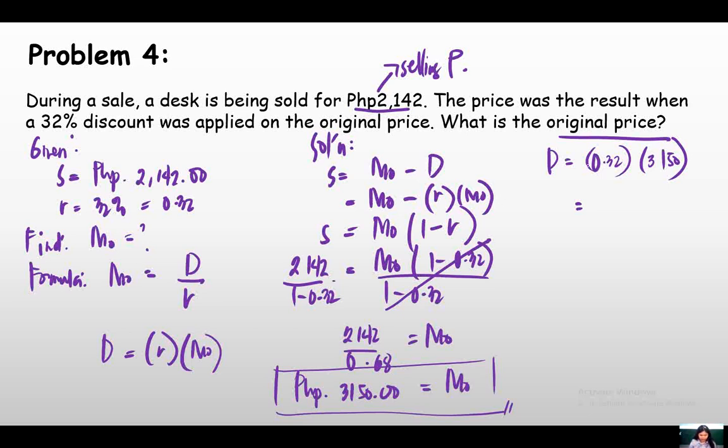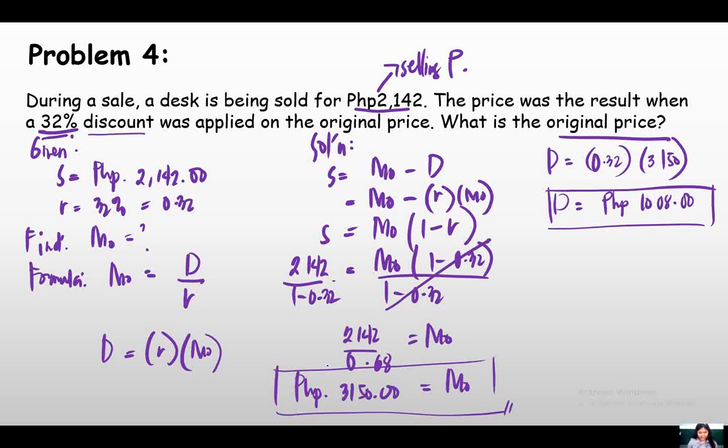If ever you are going to get the discount, just get the product of 0.32 times 3,150. So we have 1,008 pesos. So, ayun yung discount na nakuha niya nung in-apply yung 32% discount dito sa 3,150.